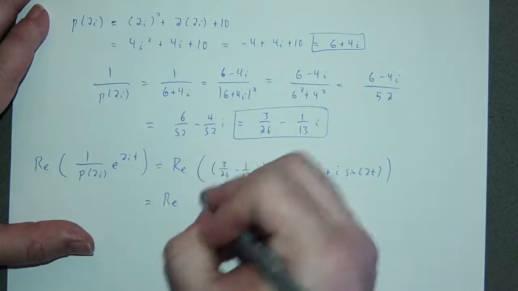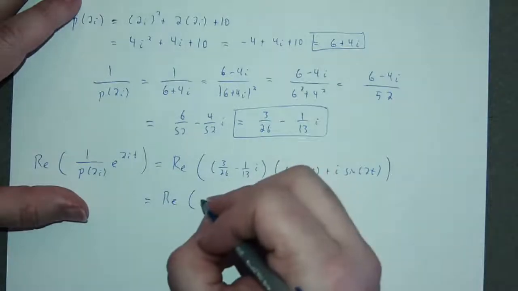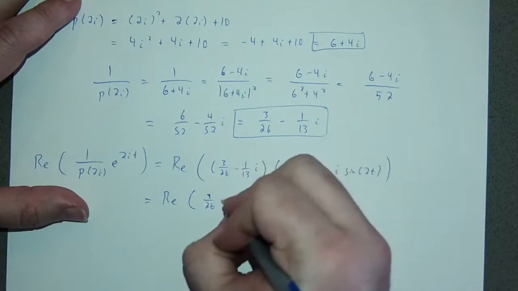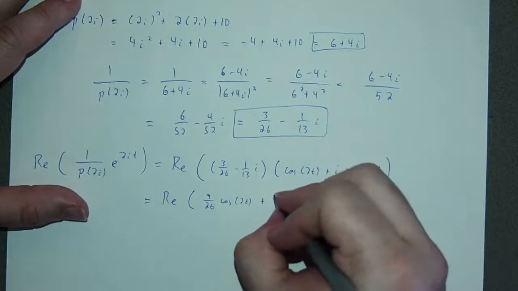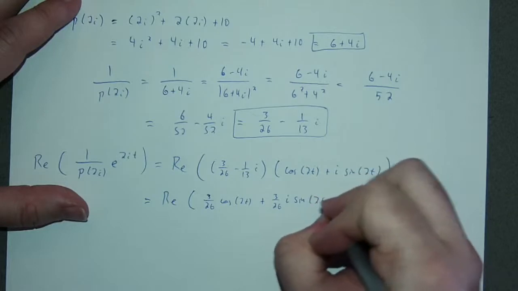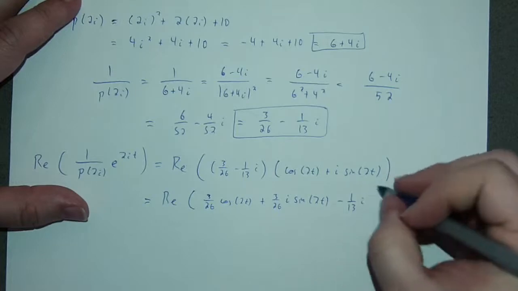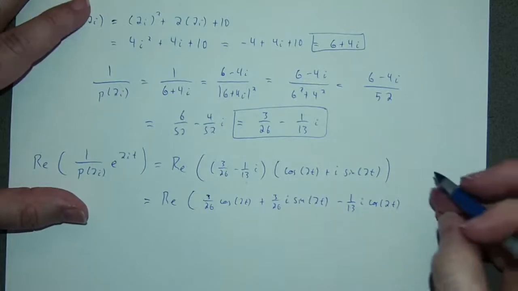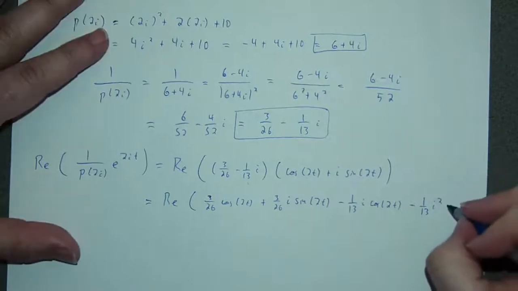So this is the real part of, let's expand this entirely, FOIL this if you like: 3 over 26 cosine of 2t, plus 3 over 26 i sine of 2t, minus 1 over 13 i cosine of 2t, minus 1 over 13 i squared sine of 2t.